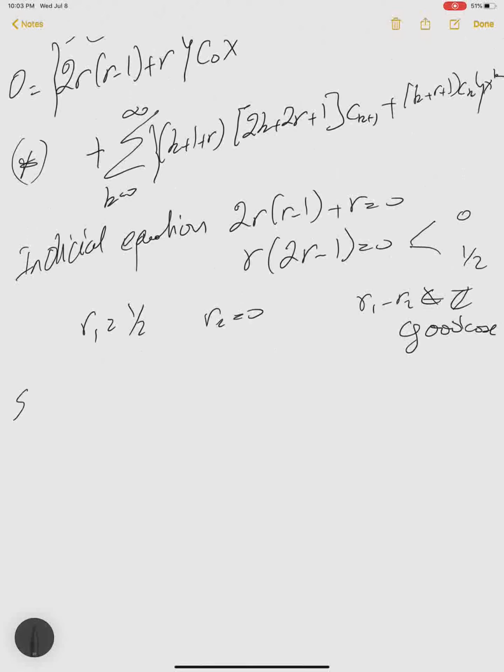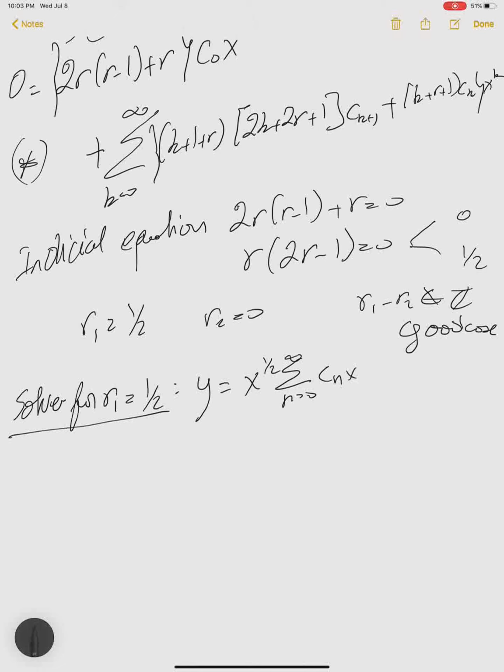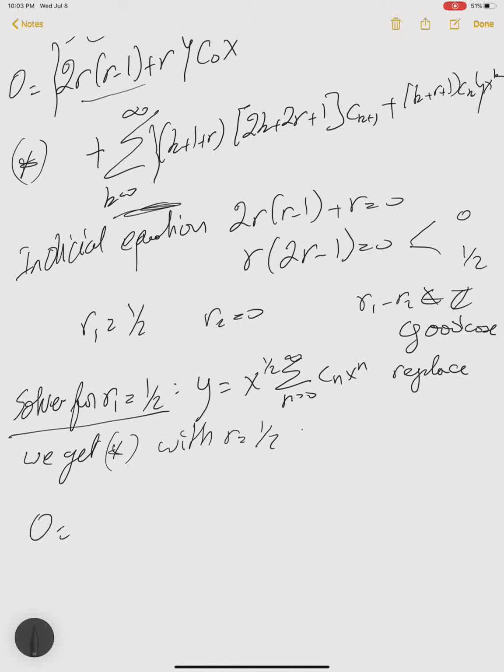So I solve for r1 equal to half. And then I replace, I will get y equal x power half, summation from n equals 0 to infinity c_n x power n, replace, and you get this equation. We get star with r equal to half, which means I get 0 equals, r equal to half will make this vanish.